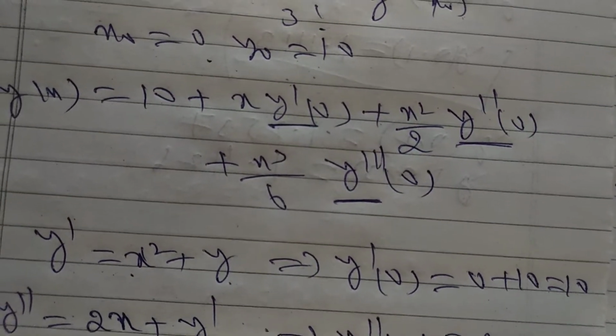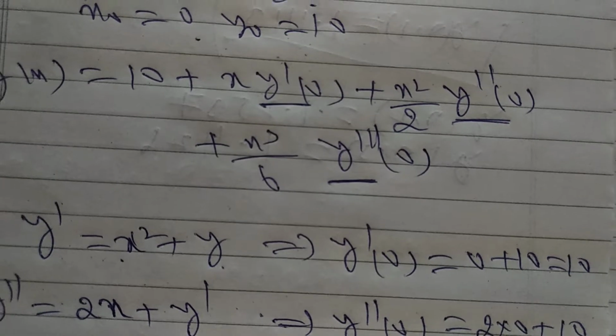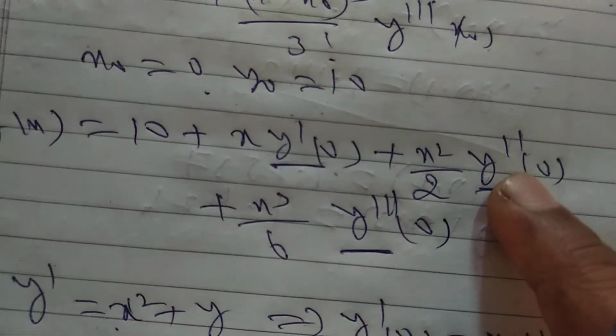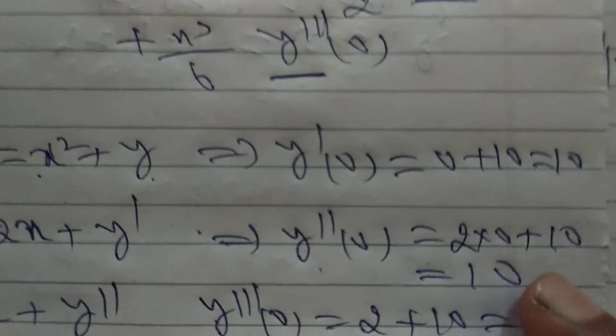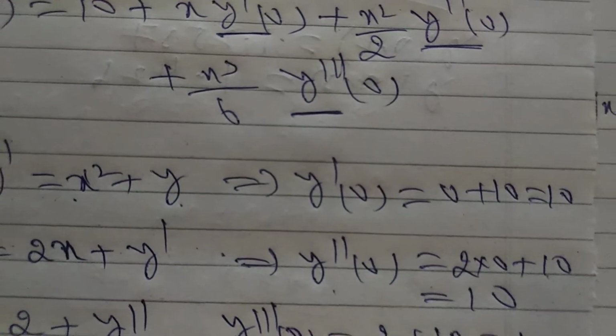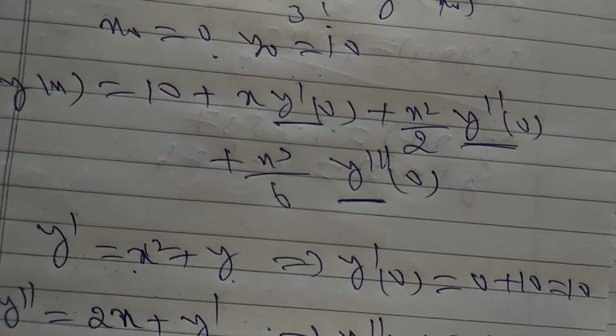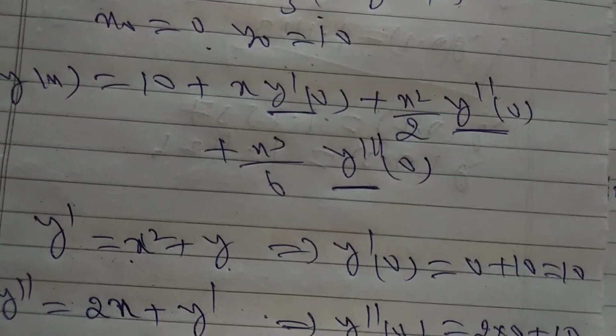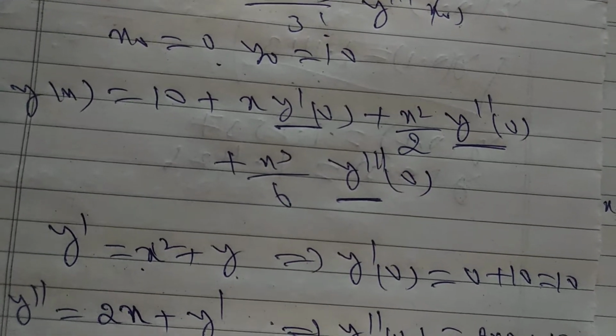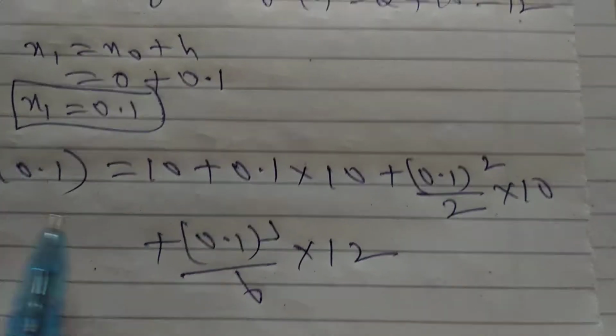Plus x is equal to 0.1 whole square by 2 into y double dash of 0, which is 10. Plus x cube, x is equal to 0.1 whole cube by 6 into y triple dash of 0, which is 12. Substitute here, and we will get this equation.